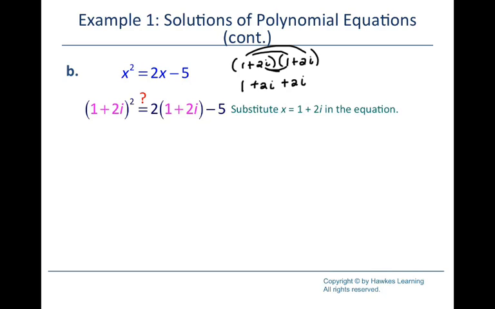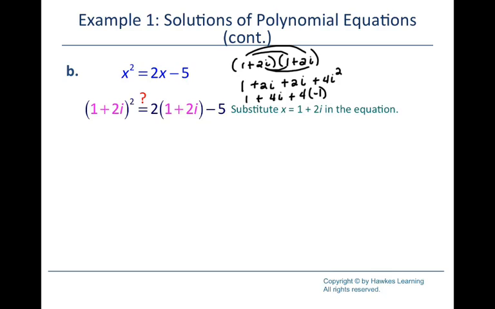And then when I distribute 2i times 2i, I get plus 4i squared. And if you remember, we're going to combine like terms. So this is going to be 1 plus 4i plus 4i squared. For every i squared, if you remember, we substitute a negative 1, because i is the square root of negative 1, so i squared is negative 1.